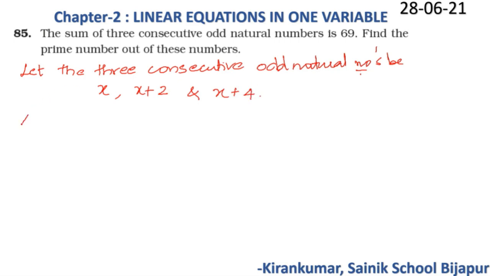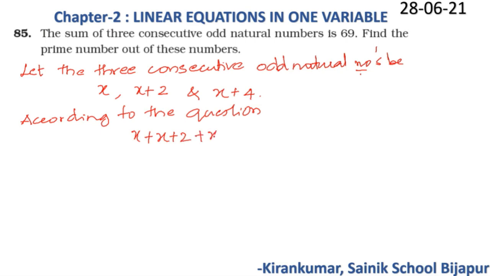According to the question, their sum is 69. So x added to x plus 2 added to x plus 4, the sum is 69.